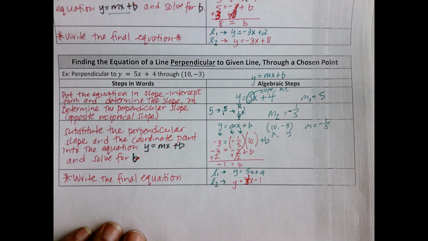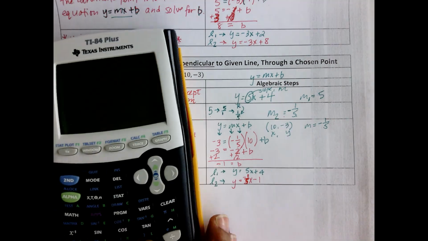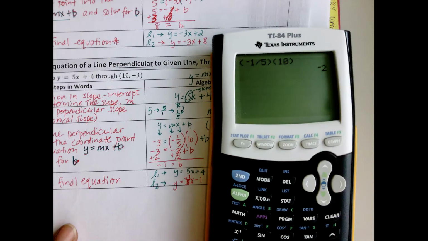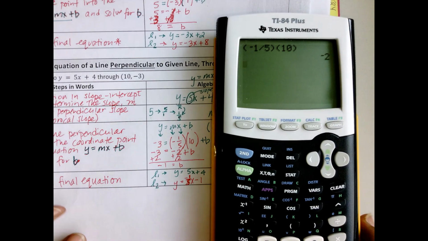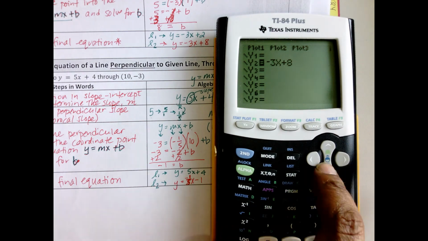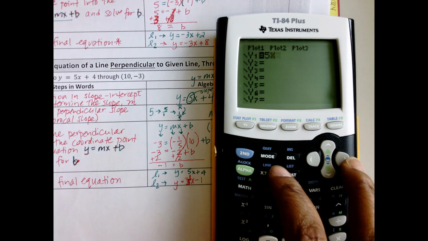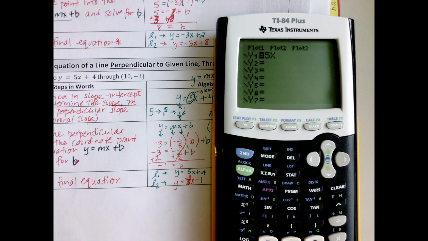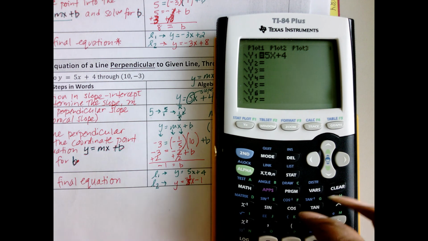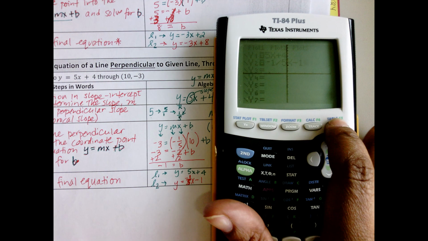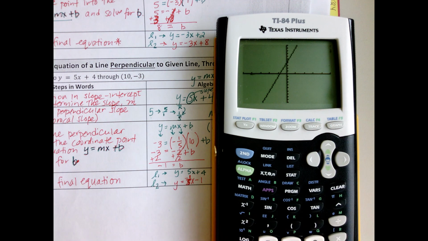Checking it out on the calculator to make sure that it is accurate. Sometimes it's really hard to identify whether lines are perpendicular using the calculator, because you can't necessarily see the perpendicularity because there's no markings. So when we graph these, you're not necessarily going to be able to tell.